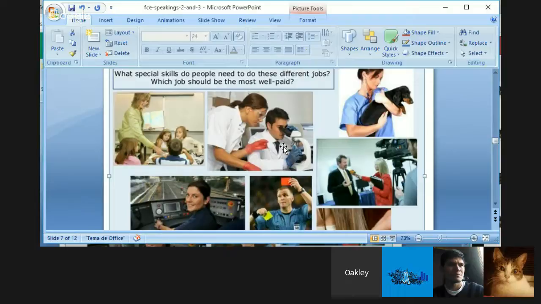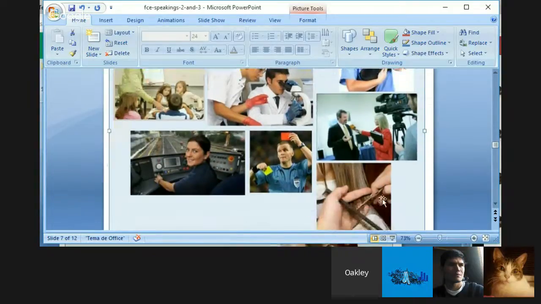The reporter is probably stronger in her interpersonal skills, dealing with other people. And for example, the picture in the lower right-hand corner, a hairdresser or beautician, they have more physical skills. I think the train driver and the referee probably have a combination of these types of skills. Something like that.